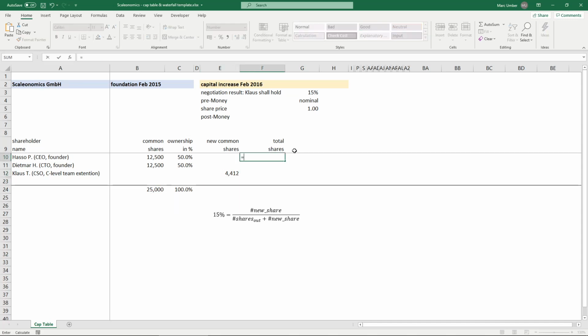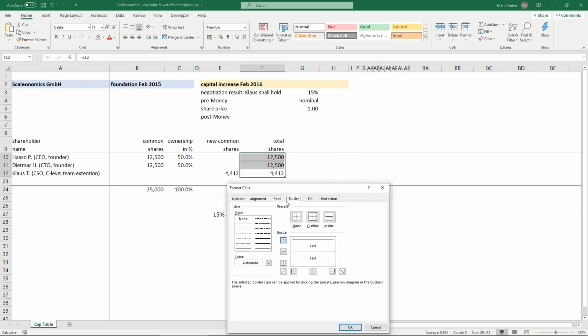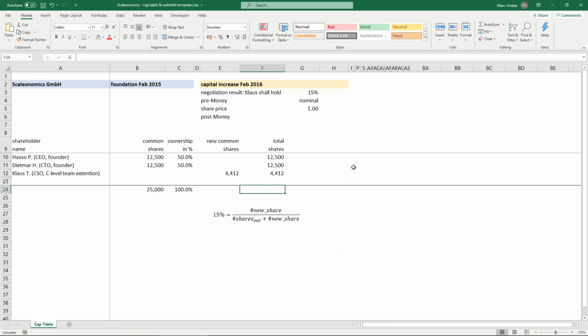Now let's check if we made any mistakes. We have total shares outstanding, which are the existing ones. We have the new shares that we created. And this will give us a total of 29,412 shares.